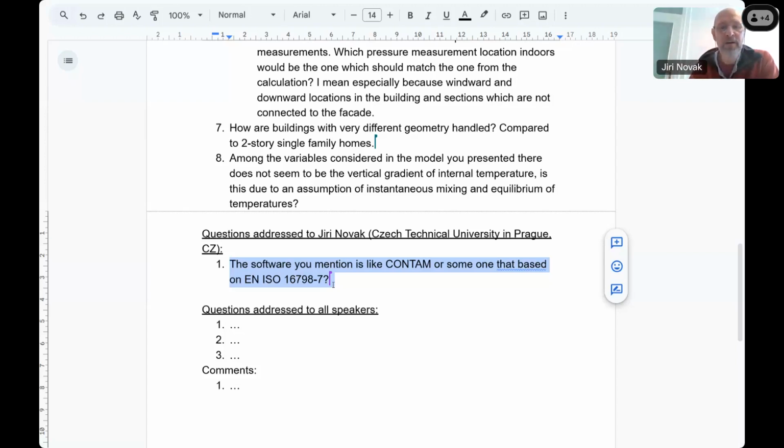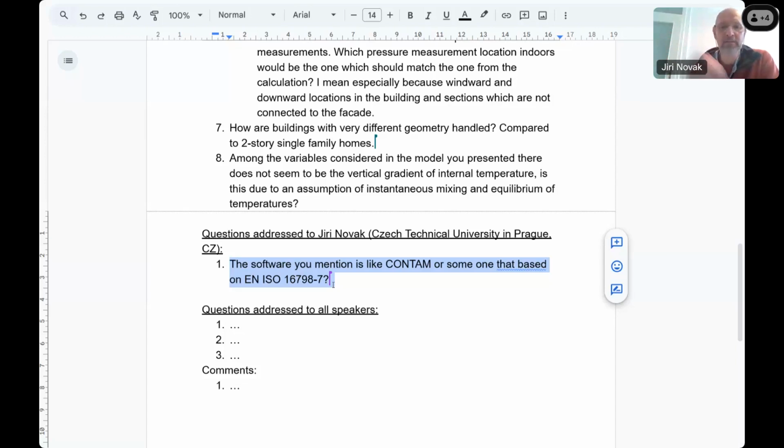The software I mentioned is the software for calculation of the energy need for heating and cooling, and it is based on the EN ISO 52 series. I don't remember the number of the standard.